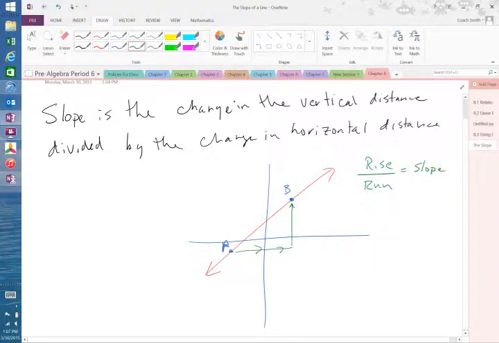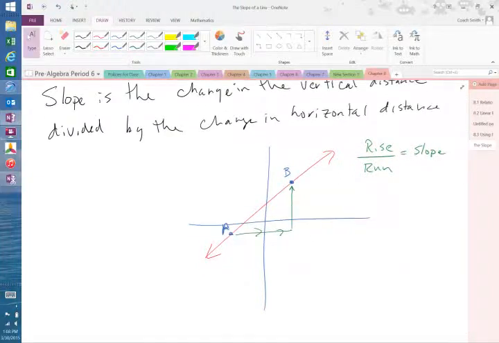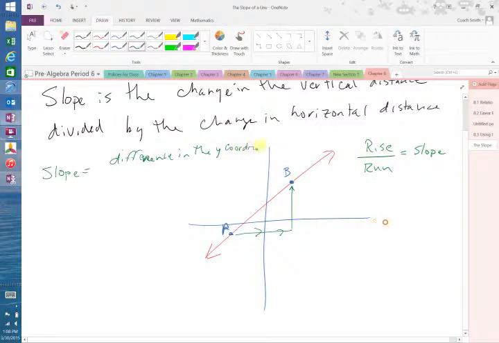is equal to the slope. Okay? There's really two different ways you can find the slope. There is a formula for the slope, and it's listed there in your book. The formula for slope is equal to the difference in the y-coordinates over the difference in the x-coordinates.